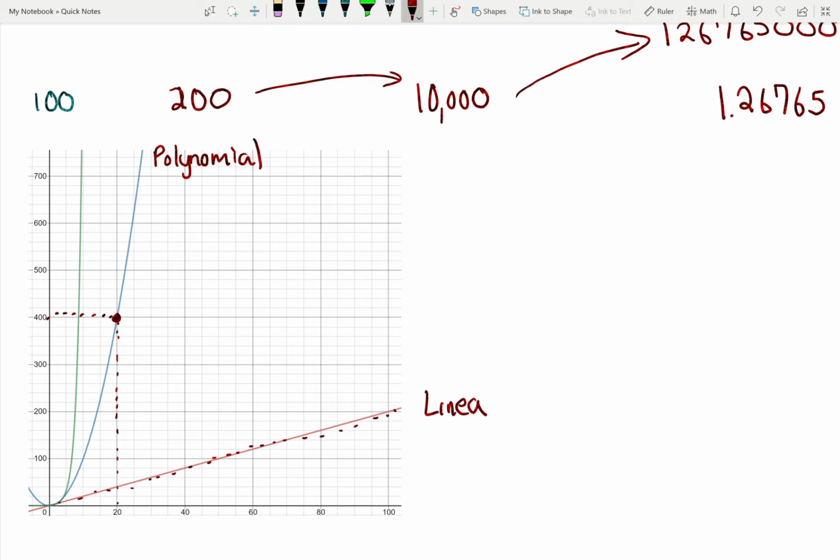For our exponential function, he reaches 400 when x is, I don't even know, less than 10. This picture really shows us how quickly exponential growth can escalate. So always remember it's in this order: linear, smallest; polynomial, second; exponential, fastest.